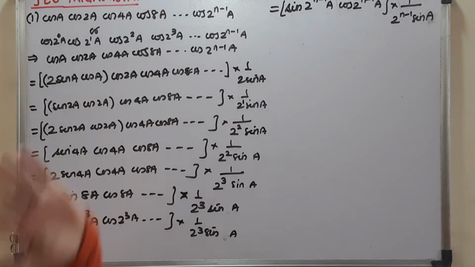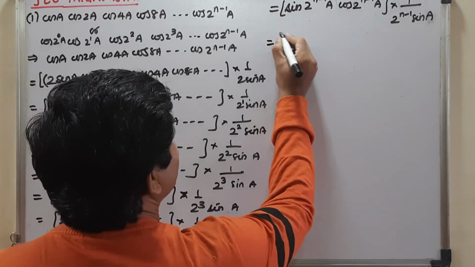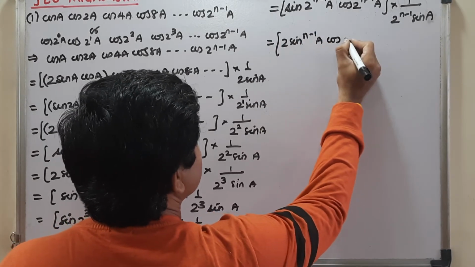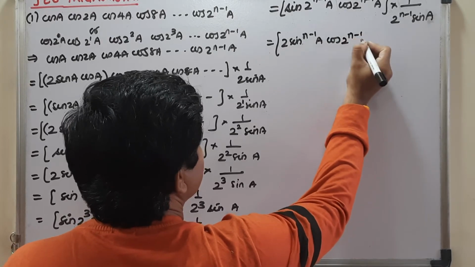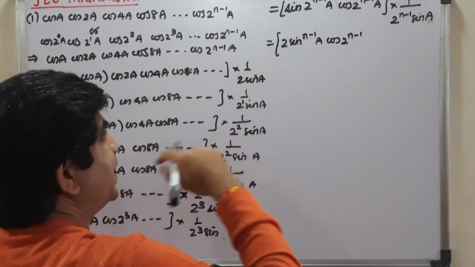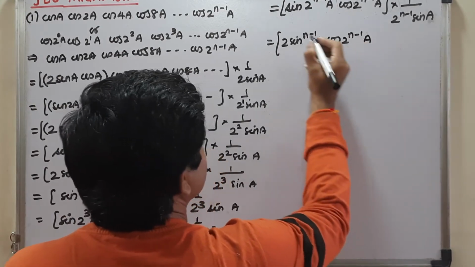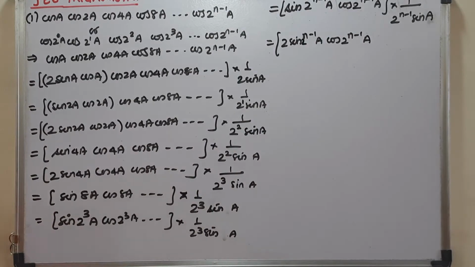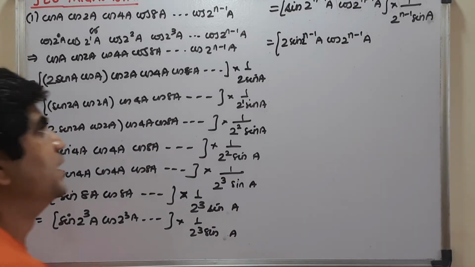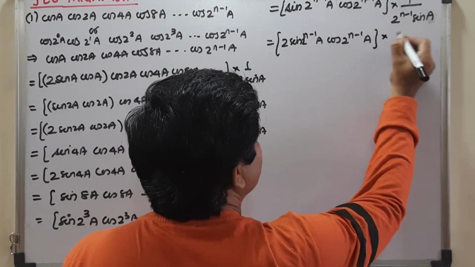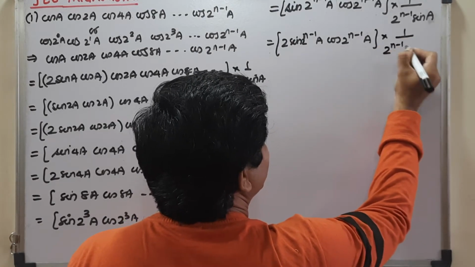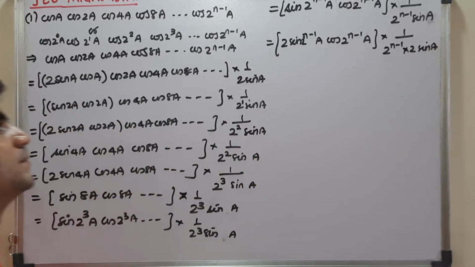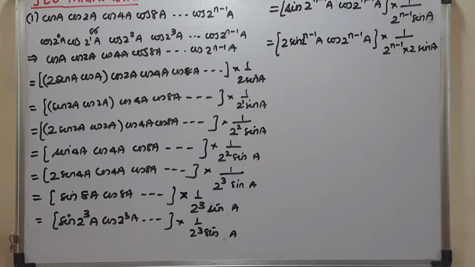तो अब इसके बाद का स्टेप क्या करना है आपको, खाली 2 into sin a, cos 2 raised to n minus 1 a, that is a, okay? This is 2, this is okay, ठीक. And here now I will get 1 upon 2 raised to n minus 1 and 2 multiplied, तो into 2 sin a, okay?